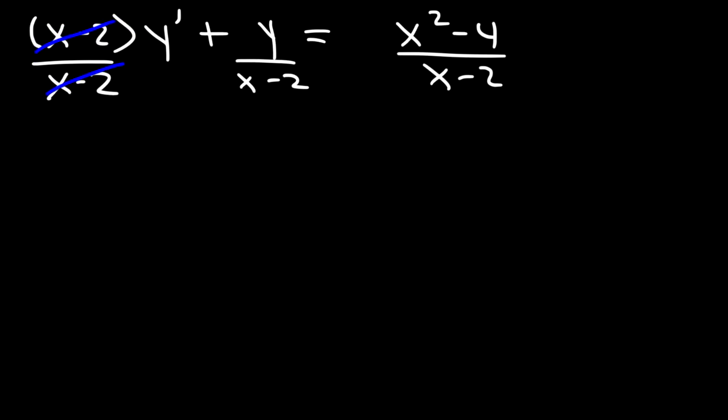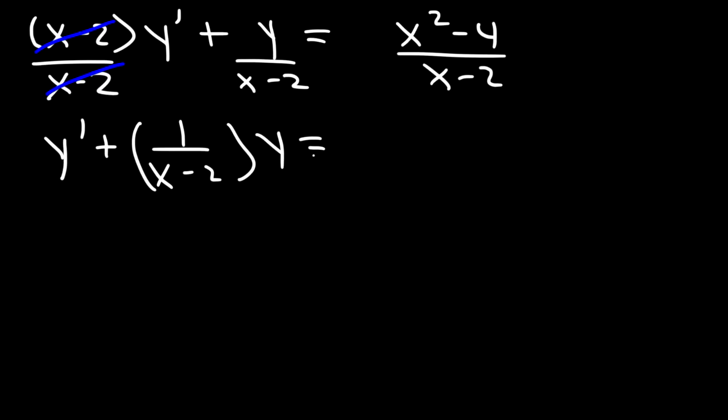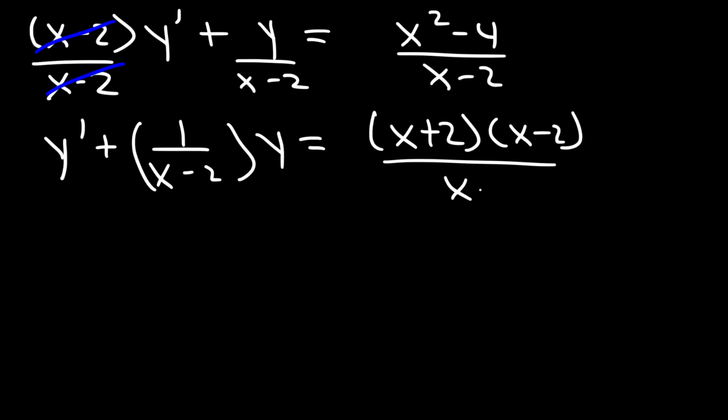So these will cancel, and we're going to have y prime plus 1 divided by x minus 2 times y. Now x squared minus 4, you can factor it using the difference of perfect squares. So it's x plus 2 times x minus 2. And therefore we can cancel the x minus 2 term.